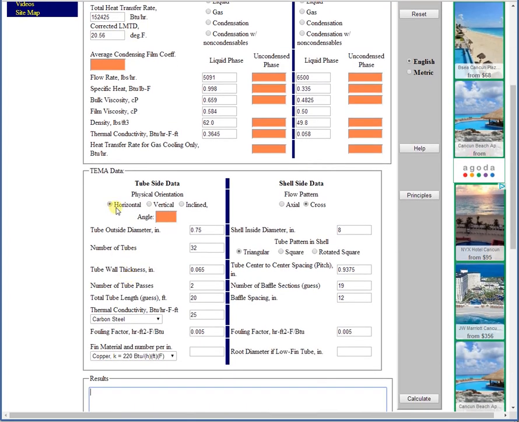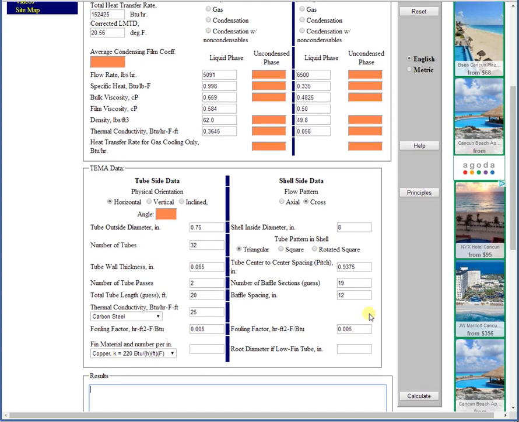We have a horizontal tube, and our tube side information: diameter, number of tubes, wall thickness, number of passes, tube length, and carbon steel material. We've applied a fouling factor of 0.005 in this example. We have a cross flow pattern in the shell, 8-inch diameter, triangular tube pitch. Our pitch is 0.9375 inches, 19 baffles, 12 inches apart, and again applied another fouling factor.